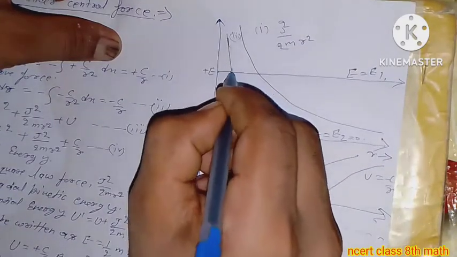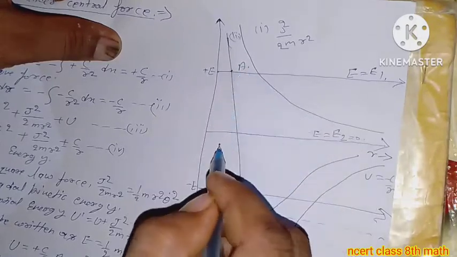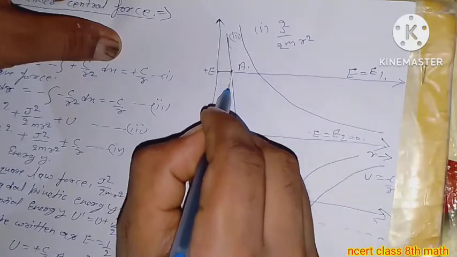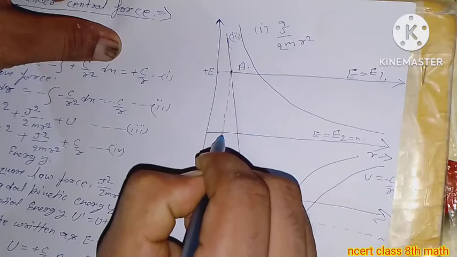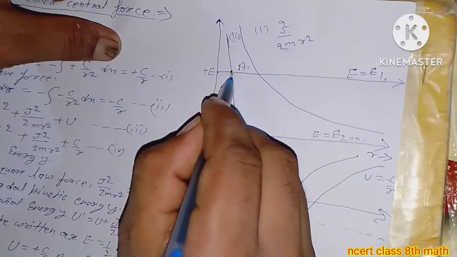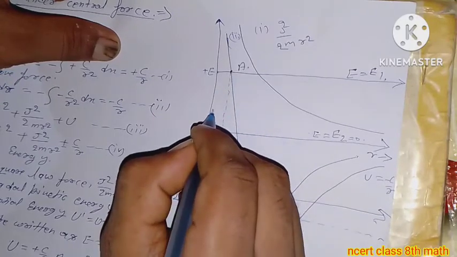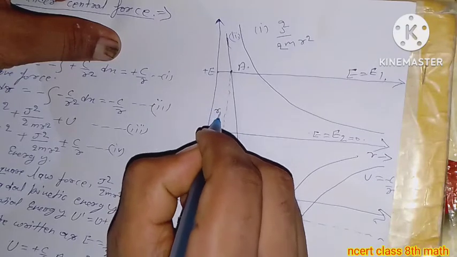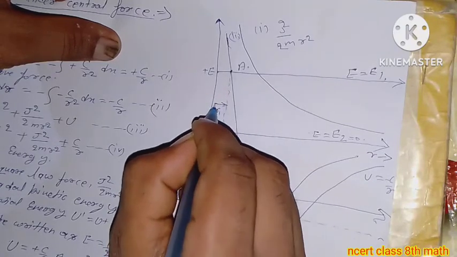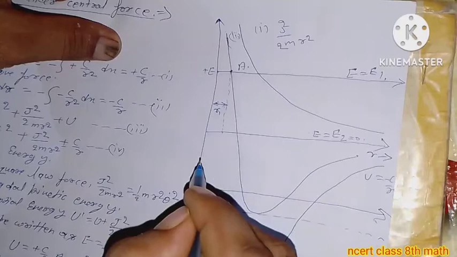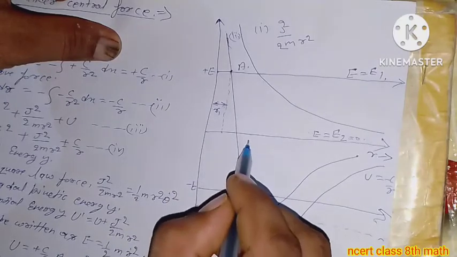This is the point A, and the distance from plus E to A is r1. And this is the point.